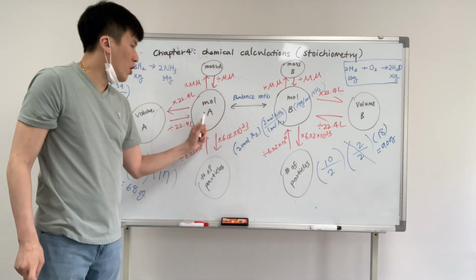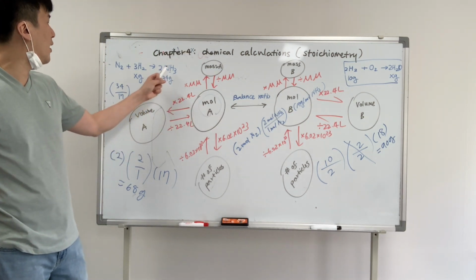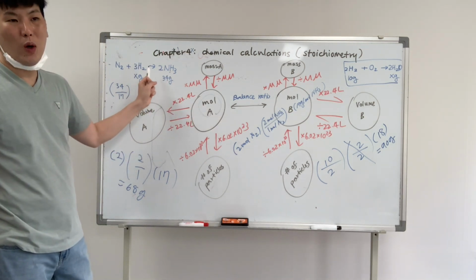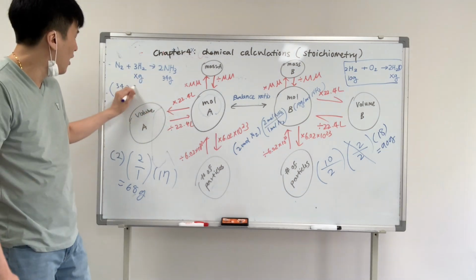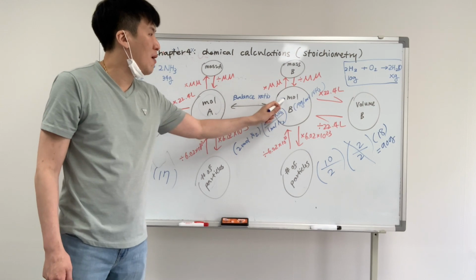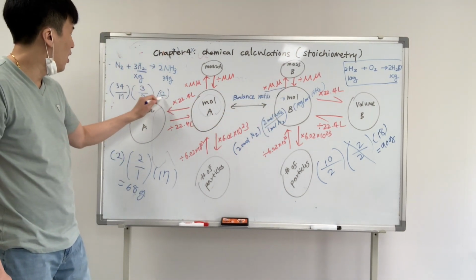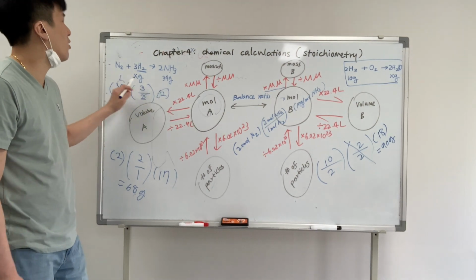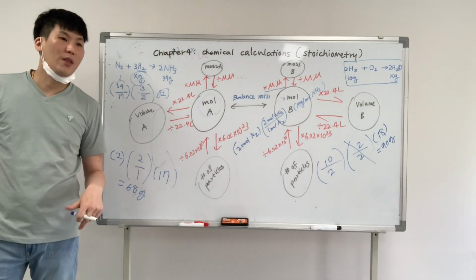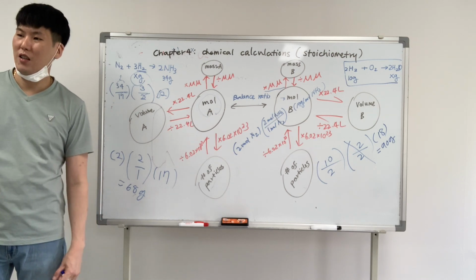Mole ratio, we're now here, the balanced ratio between NH3 and H2 is 2 to 3. What you start with goes to the bottom, so that's 2 to 3. Now we are here, you have to multiply it by the molar mass of substance B, which is 2. So that cancels, and 6 grams is what we used. That's it. Are we good?